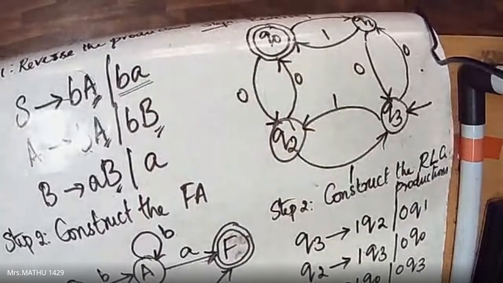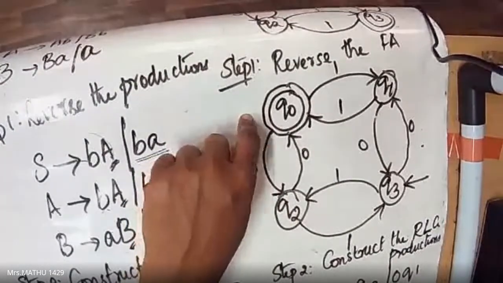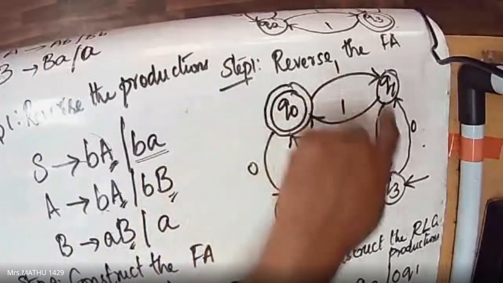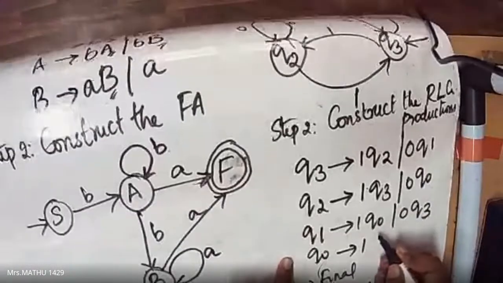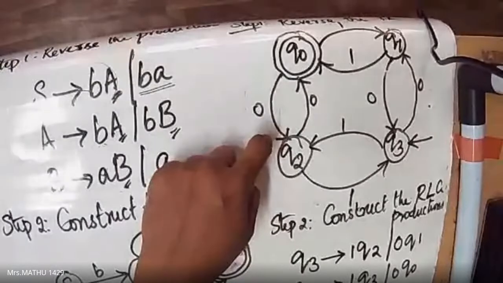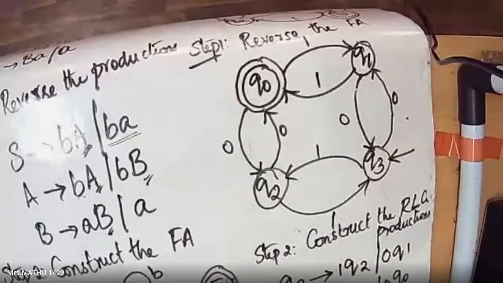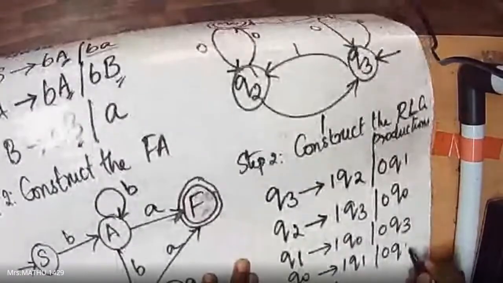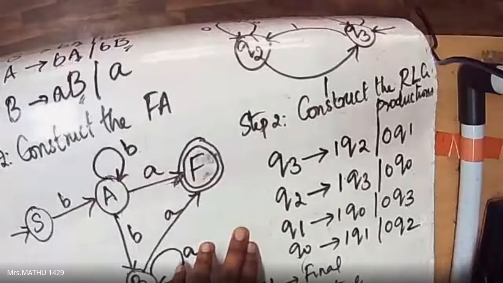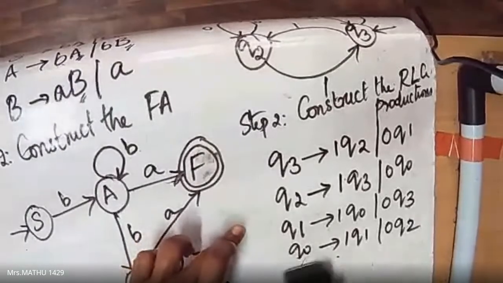And then finally Q0. Q0 gives, on 1 it goes to Q1, and on 0 it goes to Q2. Okay, so let me rub this for your understanding.